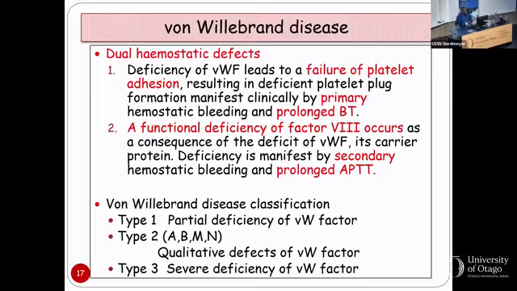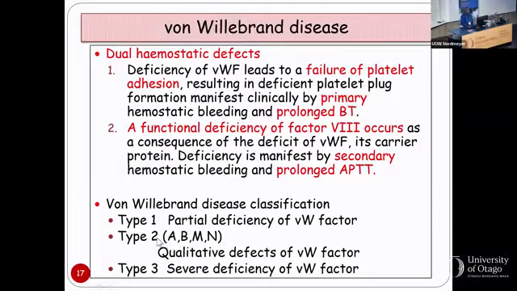The deficiency of von Willebrand factor leads to a failure of platelets to adhere, resulting in deficient platelet plug formation, which manifests clinically as primary hemostatic bleeding and prolonged bleeding time, and a functional deficiency of factor 8. You get the point.